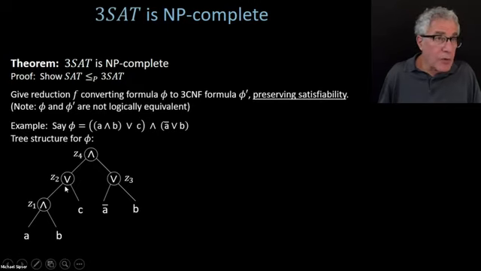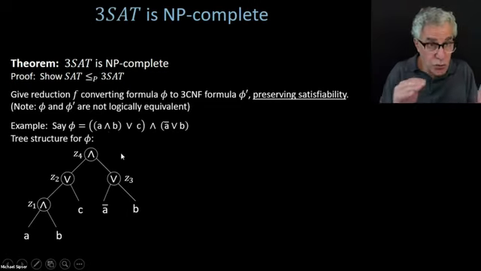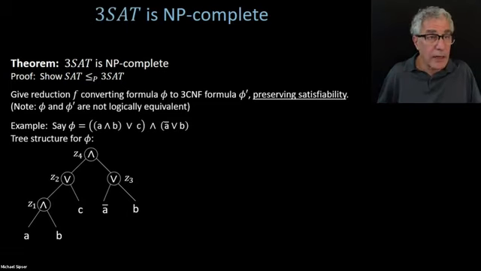And I'm going to label all of these intermediate nodes, which are now associated with operations. And I'm assuming also that the formula is fully parenthesized, so that each operation is applying just to two inputs. It's a binary operation.